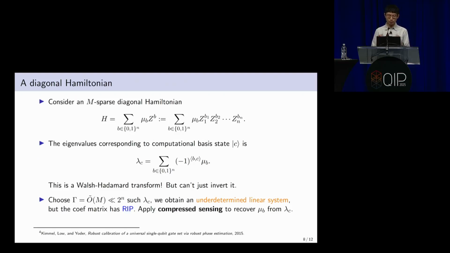There are much fewer equations than variables. But the nice thing is that this coefficient matrix has the restricted isometry property, which allows us to directly apply compressive sensing to recover the coefficients from eigenvalues. And eigenvalues can be very nicely estimated to the Heisenberg-limited scaling using robust phase estimation proposed in previous work.